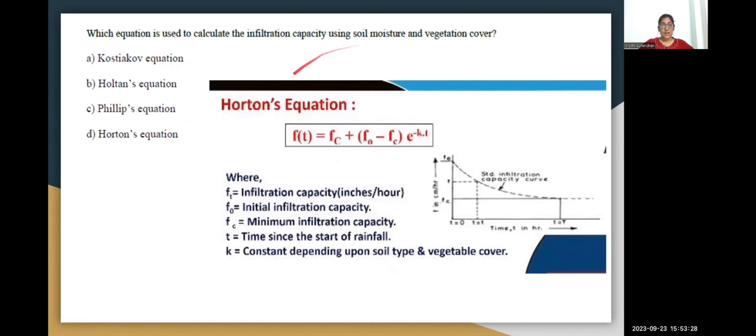So that is why the answer for this question would be Horton's equation. So it is important that you check out what all the equations are, what the formula is, as well as what the terms and variables in the equation mean, and what their units are.